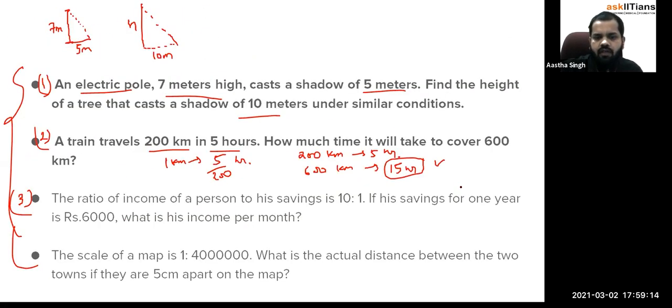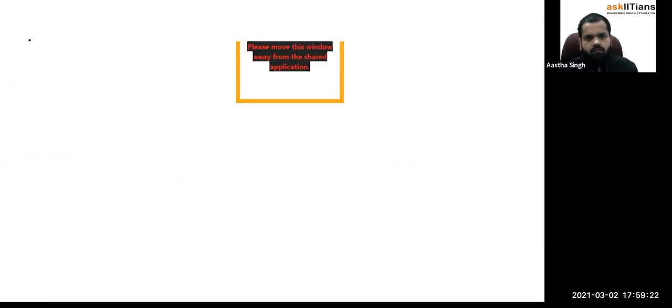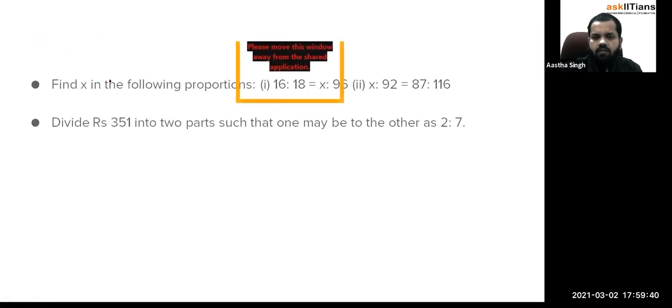Guys, the question is telling the ratio of income of a person to his saving is 10 ratio 1. Income to saving is given as 10 ratio 1.